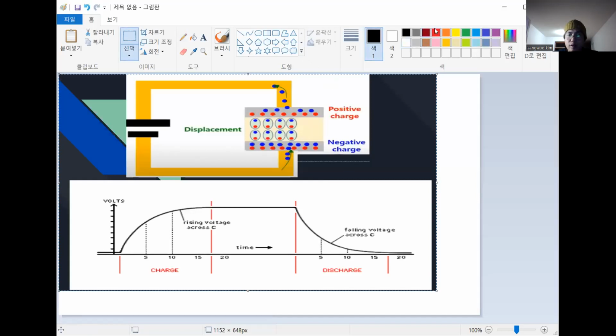So look at that. Here is the charge time.